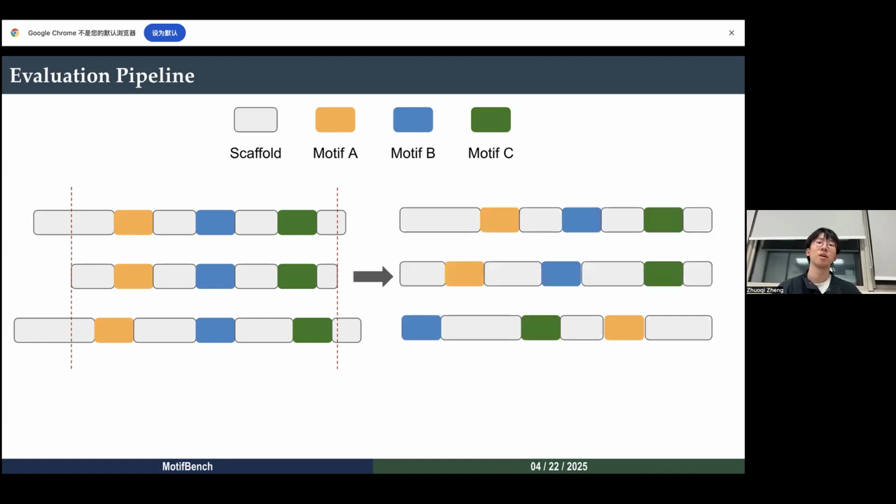So here we make a new rule of the evaluation that the motifs could be placed interchangeably within the sequential order. And also each part of the scaffolds could be changed by their lengths, but the overall length of the scaffold is fixed to a certain value around its reference scaffold. So in this sense, we get a fixed overall length and more flexible motif placements that both enlarge the search space when designing these scaffolds and also make a fairer comparison between different methods.